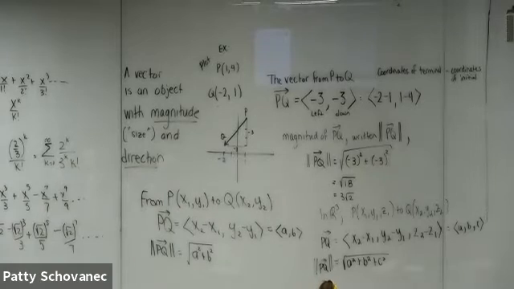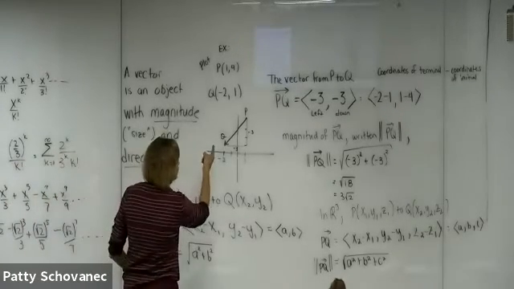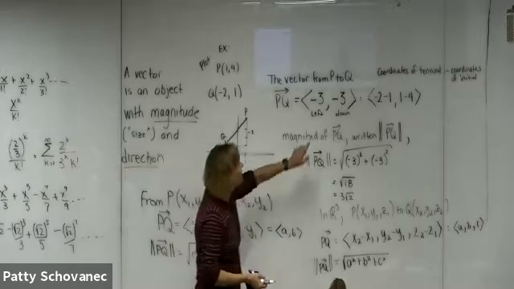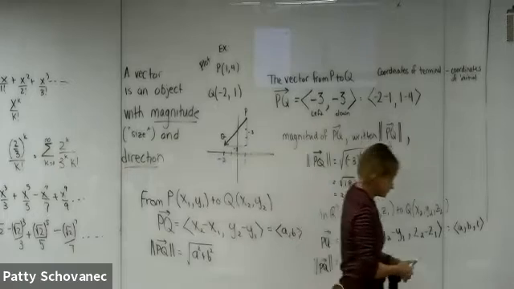Every vector in the xy plane is associated with a position vector. And that's a vector that has the same direction and the same magnitude, but its initial point is always the origin. The position vector associated with this vector PQ is found by plotting the point -3, -3, and connecting that to the origin.